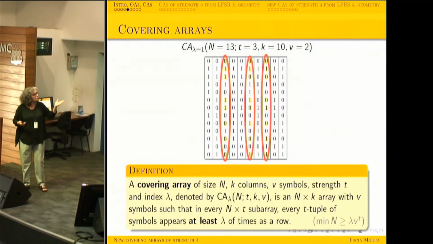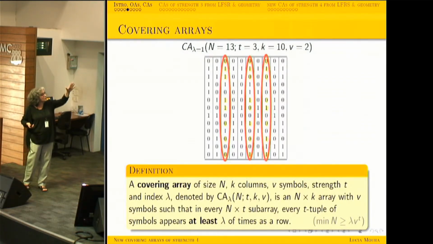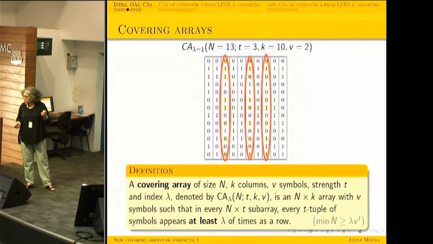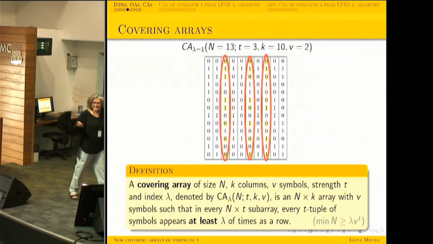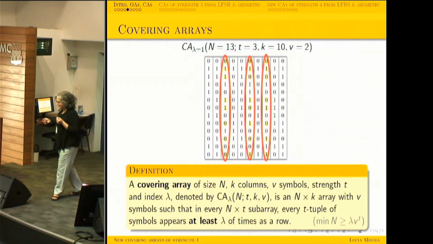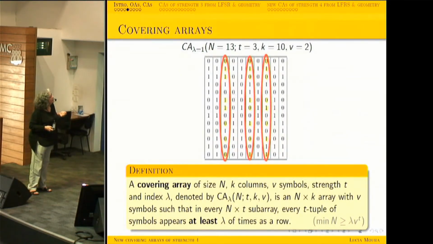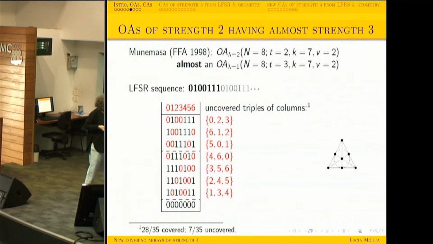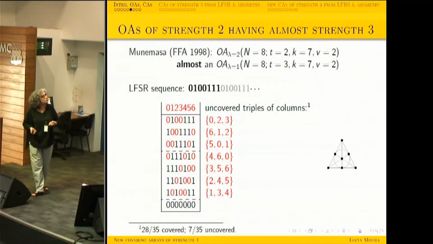And what we're talking about today is a construction in which, for certain parameters, we get the n much better than known bounds. And we use finite fields, so it's a good opportunity to talk here. Okay, so we are going to be using linear feedback shift register sequences over finite fields.